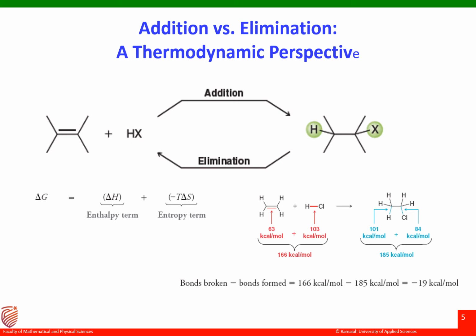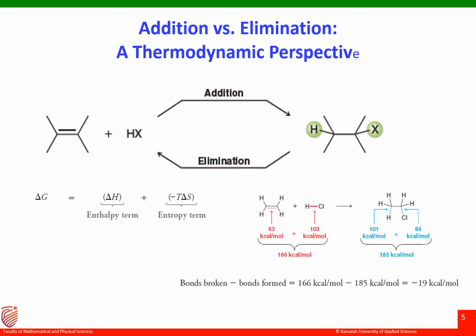To understand the reason for this temperature dependence, let us recall the sign of delta G. Delta G determines whether the equilibrium favors the reactants or the products. Delta G must be negative for equilibrium to favor products. The sign of delta G depends on two terms: delta G is equal to the enthalpy term and the entropy term.